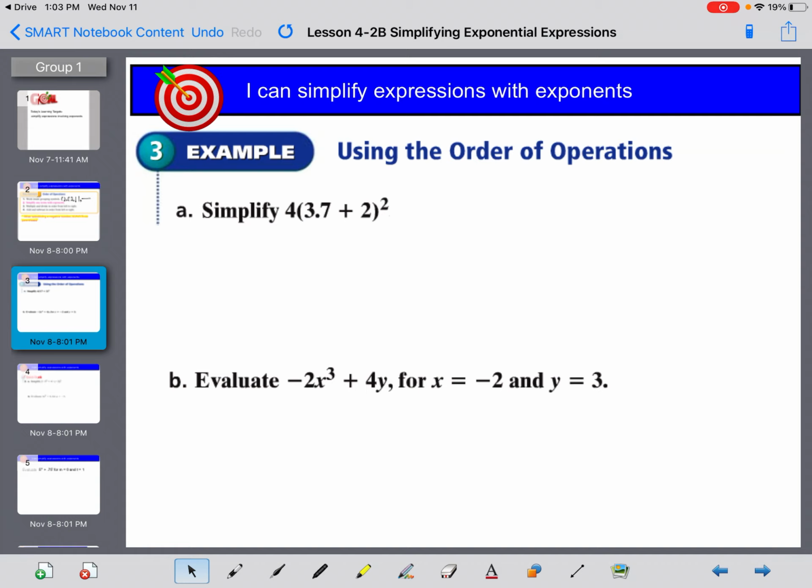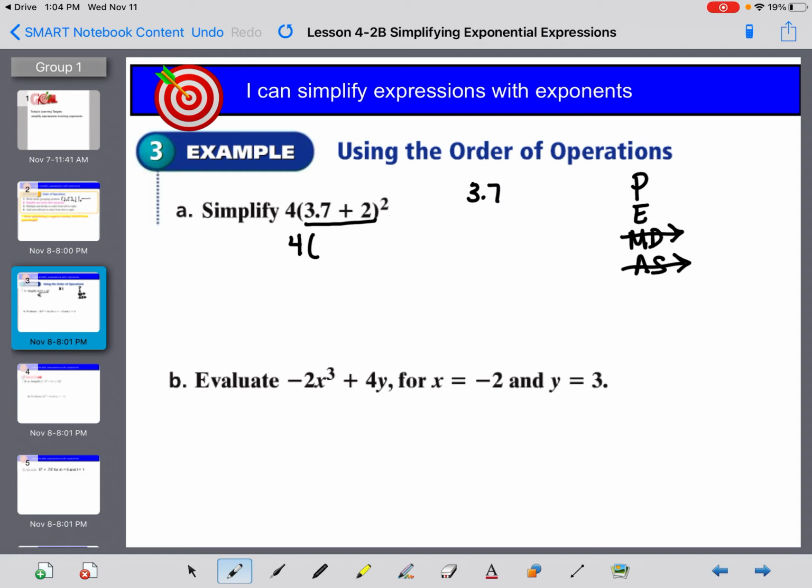Look at the first one, simplify. My order of operations are grouping, exponents, multiply or divide from left to right, add or subtract from left to right. So, using my grouping symbol, I need to simplify this first. 3.7 plus 2.